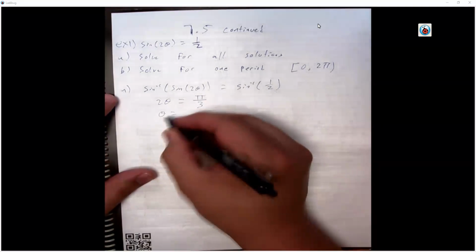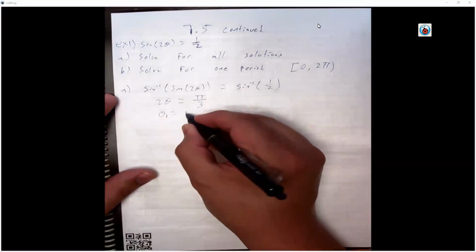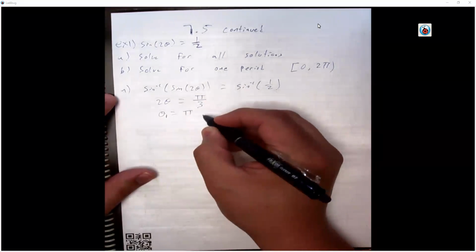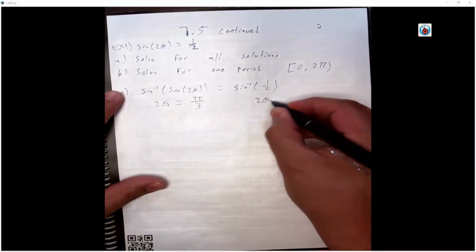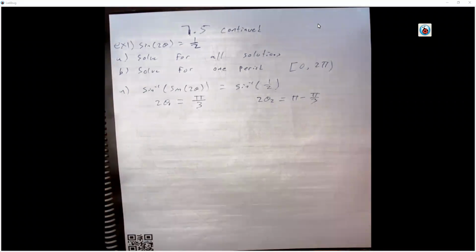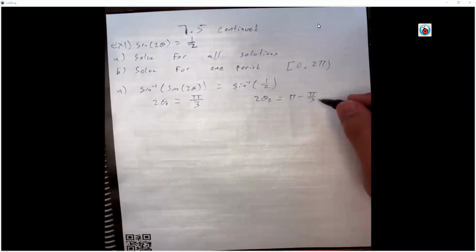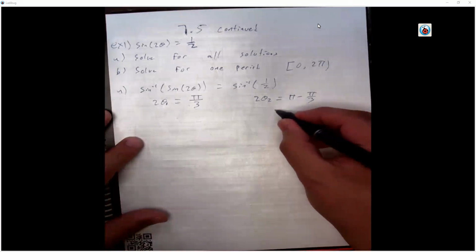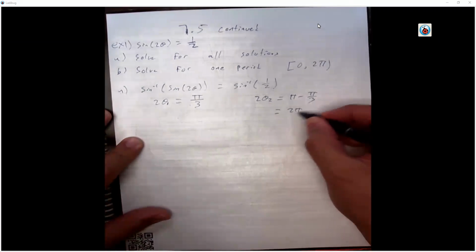Well, actually, I'm sorry. Before we do that, that'll be the first set. The second set will be pi minus pi over 3 for the other solution, right? Pi minus pi over 3, that's going to be 2 pi over 3, right?